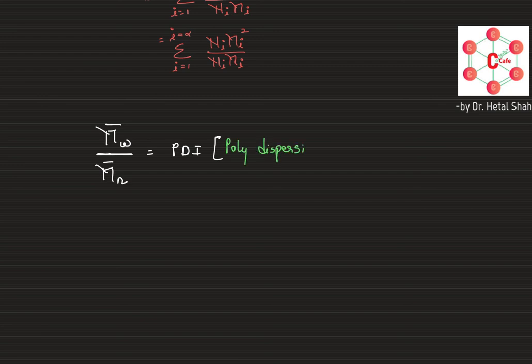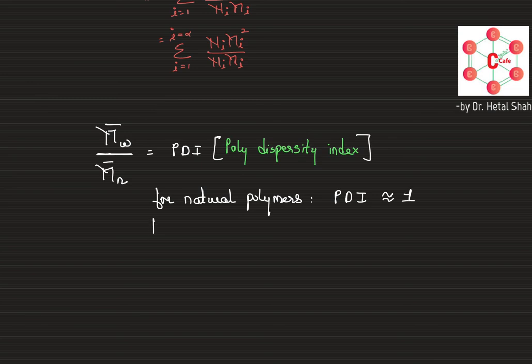PDI is nothing but Polydispersity Index. Remember, for natural polymers PDI is approximately equal to 1, and for synthetic polymers PDI is greater than 1.